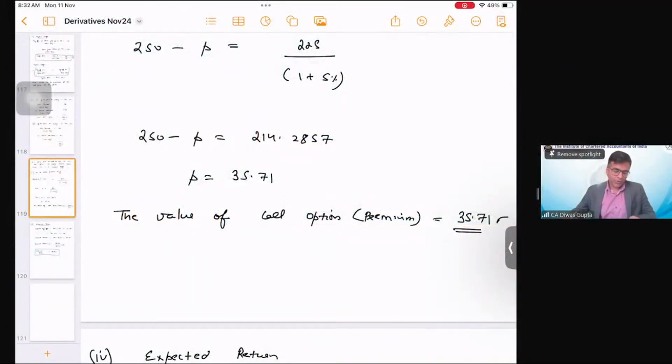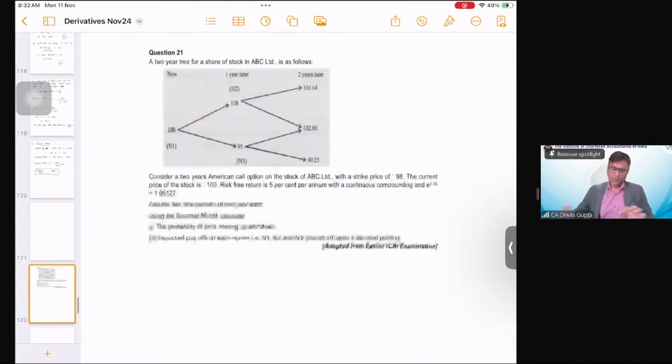Let's move to the next question. Question number 21. So a 2-year tree for a share of stock in ABC Limited is as follows. 100 rupees is on N1 and then N2, N3 nodes have 108 and 95.